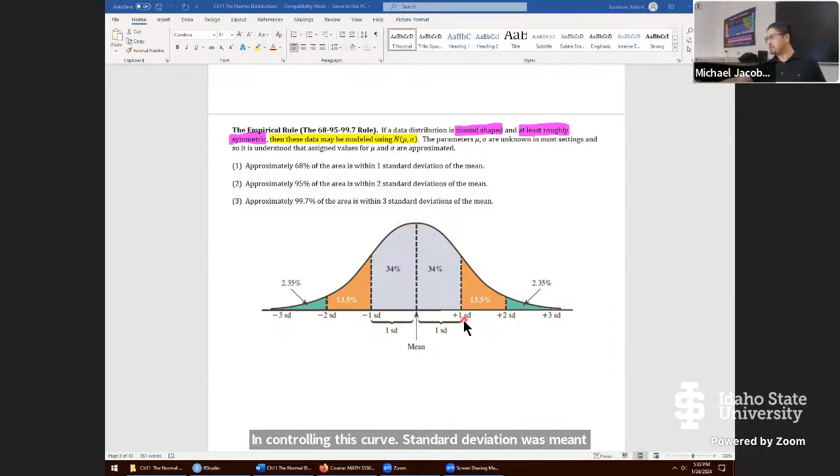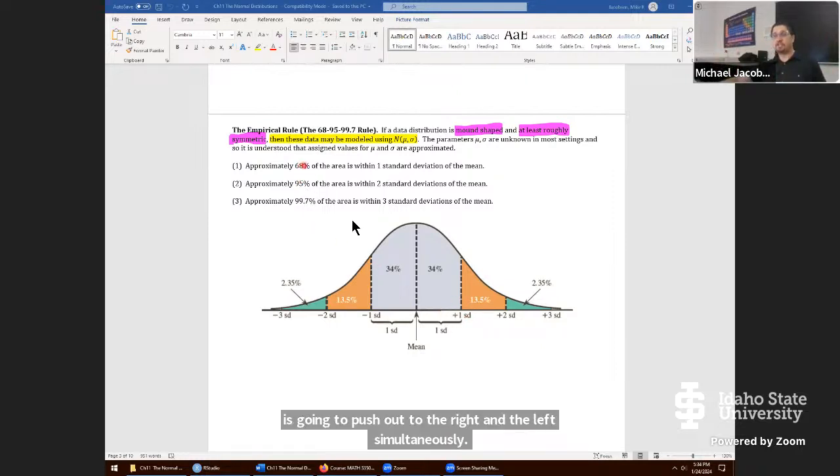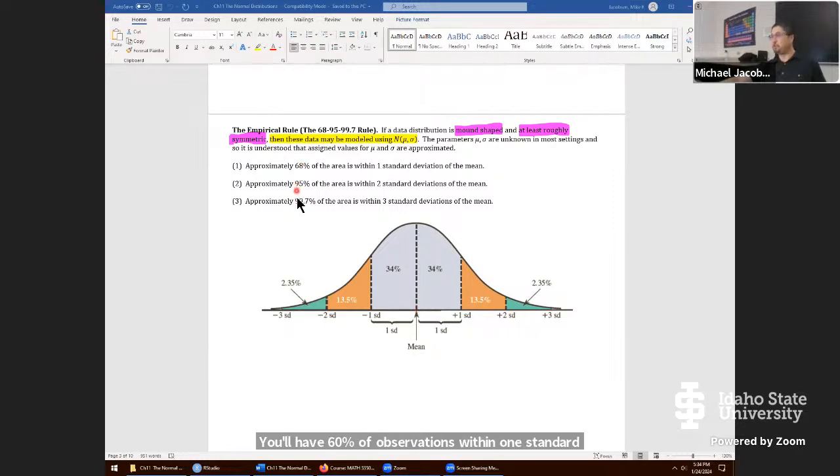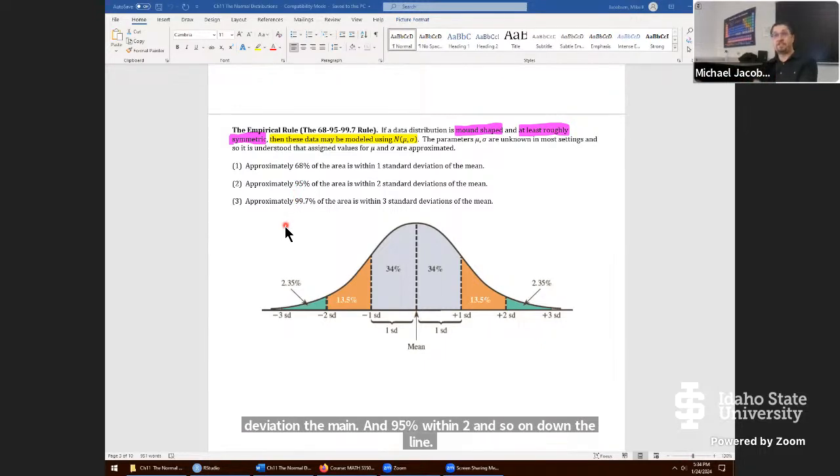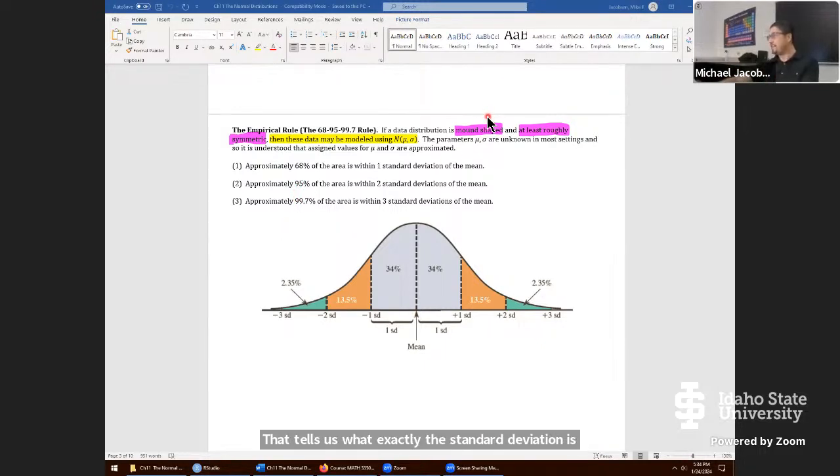And the larger the standard deviation, the further the curve is going to push out to the right and the left simultaneously. You'll have 68% of observations within one standard deviation of the mean, and 95% within 2, and so on down the line. So that tells us what exactly the standard deviation is doing. Provided our data is mound-shaped, at least roughly symmetric, this becomes a wonderful model.